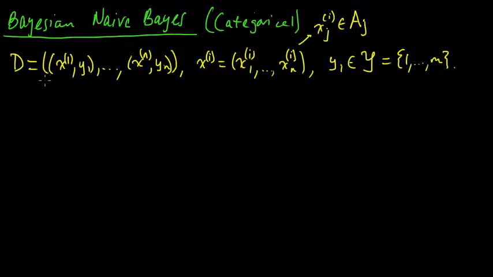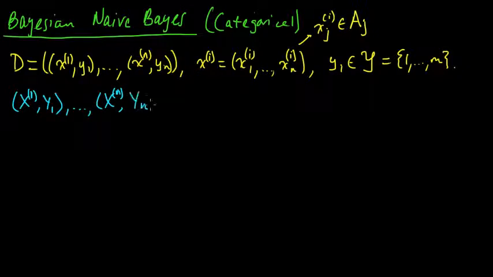Okay, so this is what we're given, and in a naive Bayes classification model, before we get to the naive Bayes assumption, in general we're always going to take some sequence of random variables to model our data. So we'll have x^1, y^1 up to x^n, y^n.